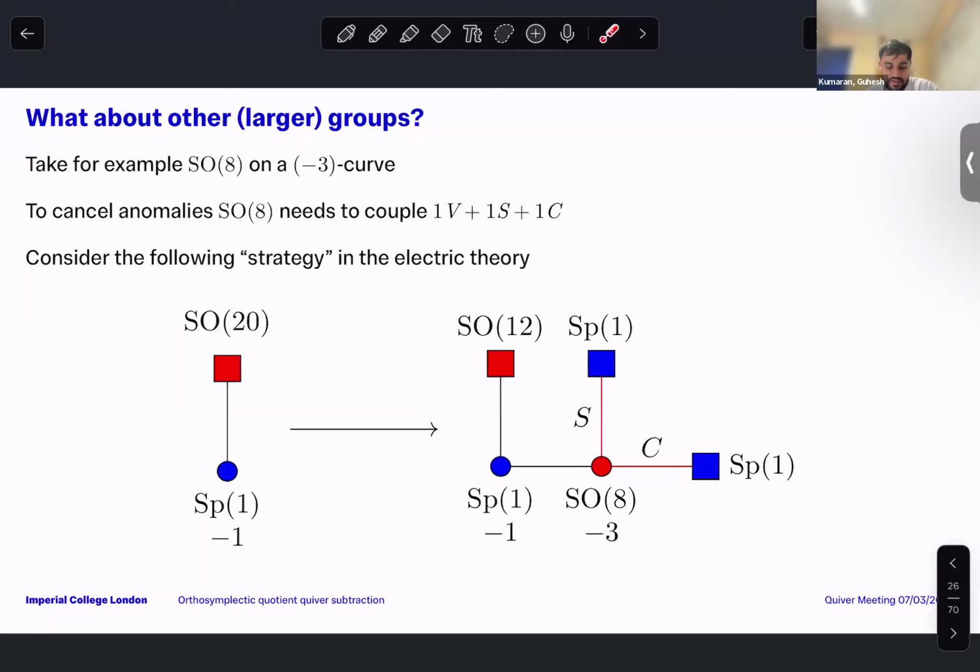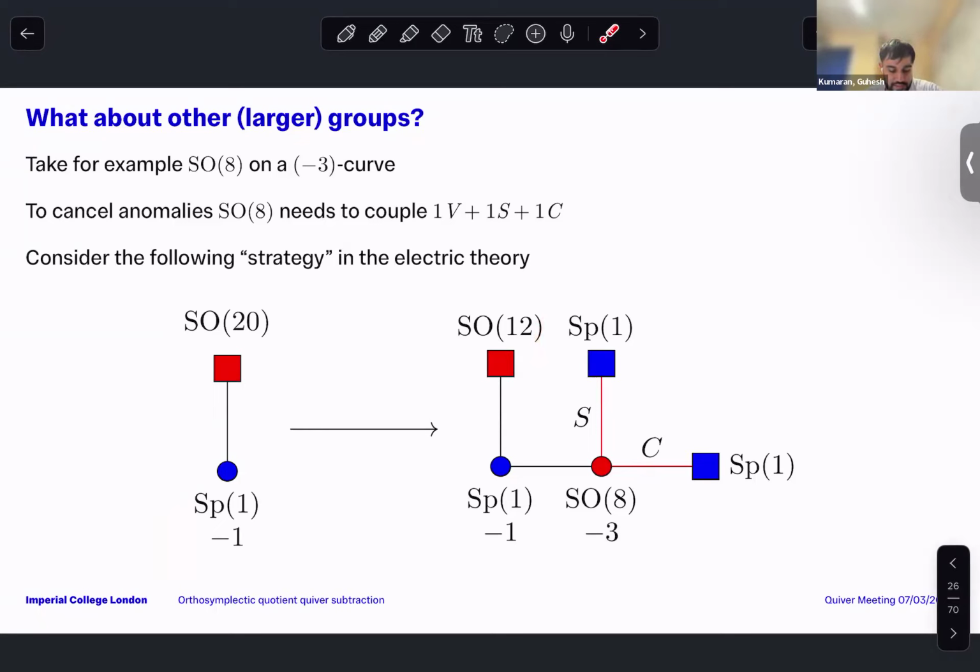So for this case of -3, you need one vector, one spinor, and one co-spinor of SO8. So if I were to start, say, with some naive strategy where I have SP1 with SO20 and I gauge an SO8, I have to include these in order for my SO8 to be anomaly-free.